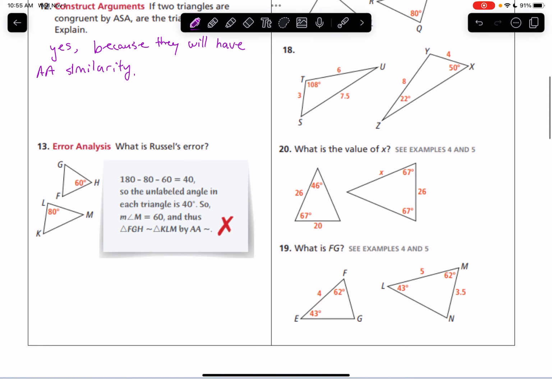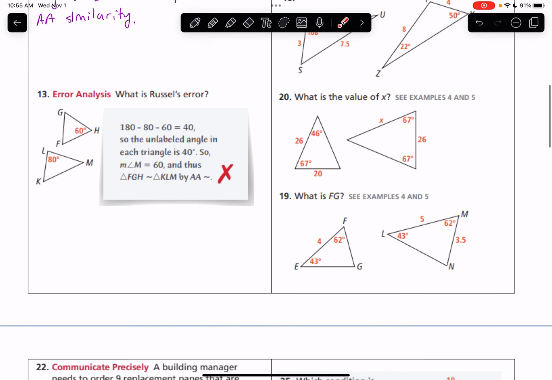Number 13, what is Russell's error? So what he did was he said, all right, if I have 180 and I subtract this 60 degree and this 80 degree angle, we get 40. So the unlabeled angle in each triangle is 40 degrees, which means that the measure of angle M is 60. And he's using that to show that there would be a 40 and a 40, a 60 and a 60, and using angle similarity.